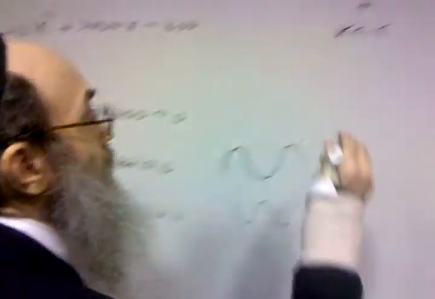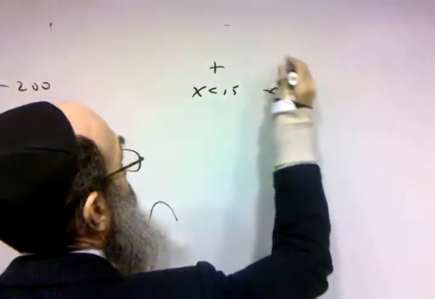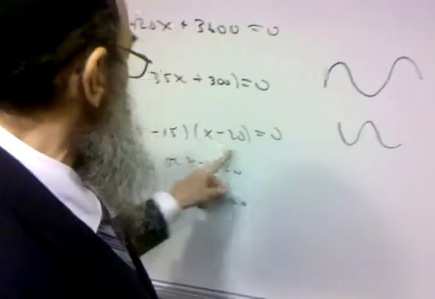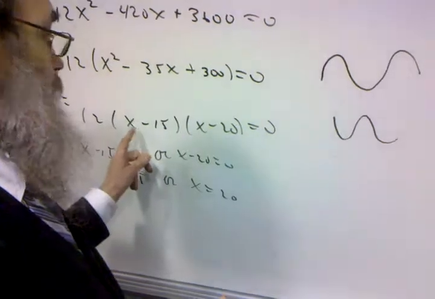When x is 15, it's 0. And if x is between 15 and 20, this is positive, this is negative, so the product is negative.